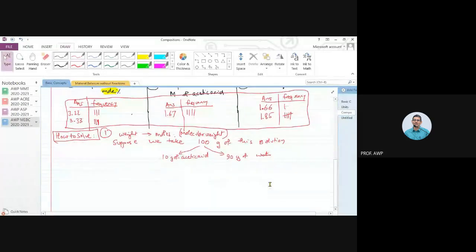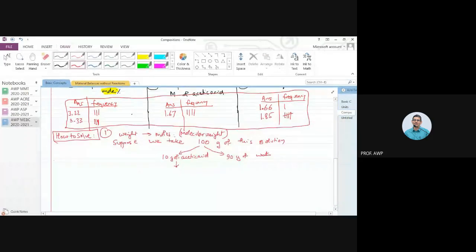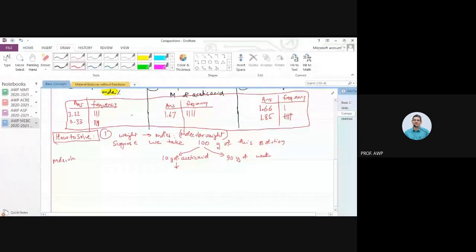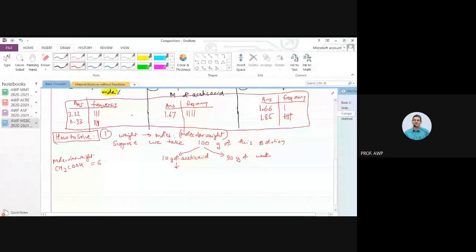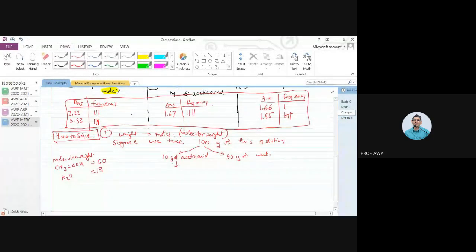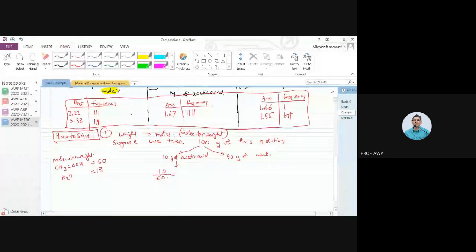Okay. Now we need to convert to moles. So 10 grams of acetic acid, molecular weight of acetic acid. Acetic acid is CH3COOH. Molecular weight is 60. Water, molecular weight is 18. So 10 grams of acetic acid correspond to 10 divided by 60, which is 1/6.